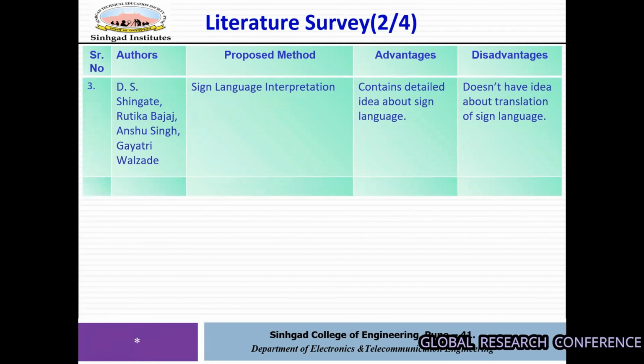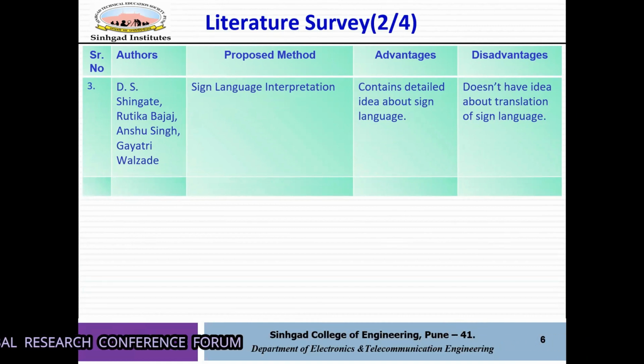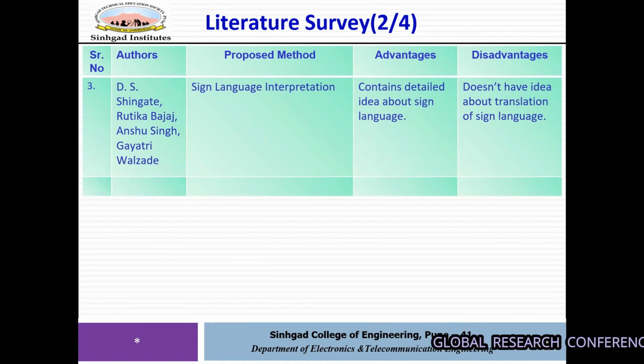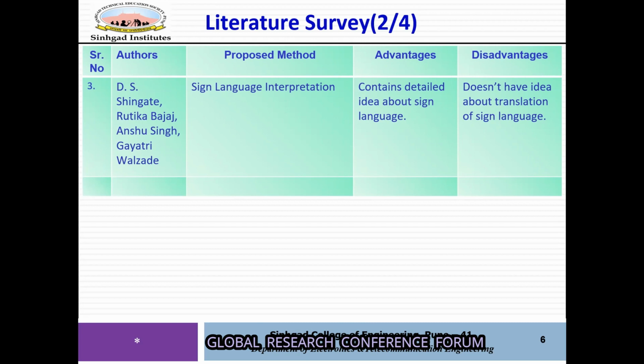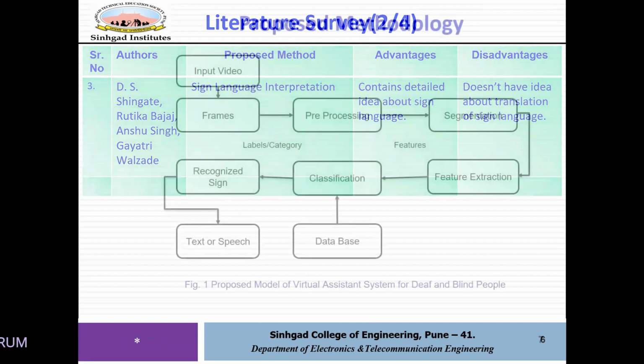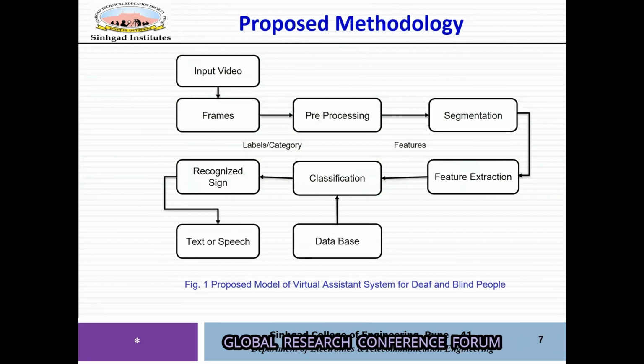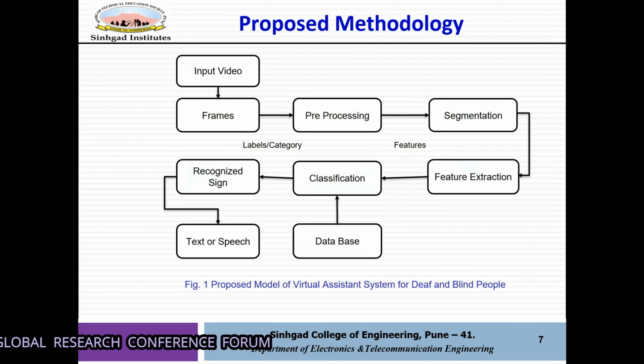It is based on sign language interpretation, and its advantage is that it contains detailed idea about sign language, but it doesn't have the idea about translation of the sign language into language that a mundane person will understand. We have used the following flow chart, and it goes like.